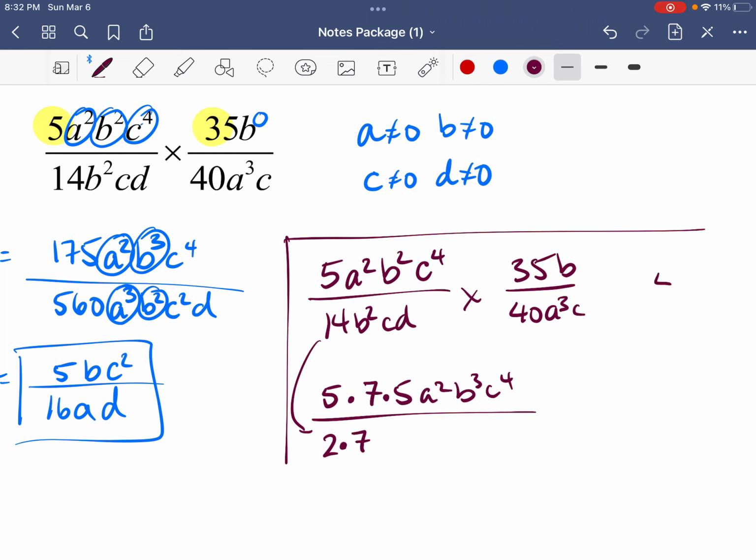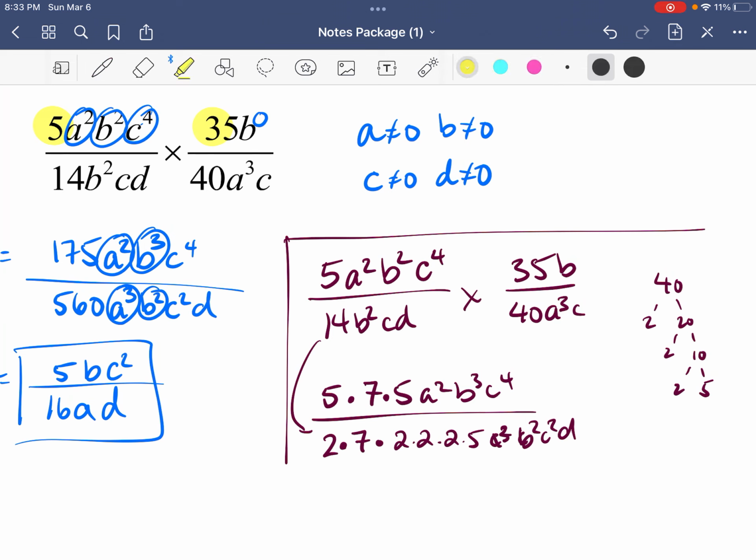And 40, if you were to prime factor 40, you'd get 2 cubed and 5. All right, so if I would just want to write it all the way out, 2 cubed and 5, and then we've got a cubed b squared c squared d.